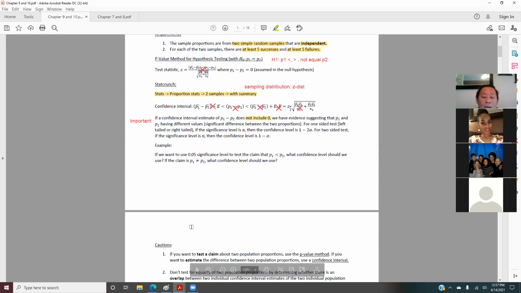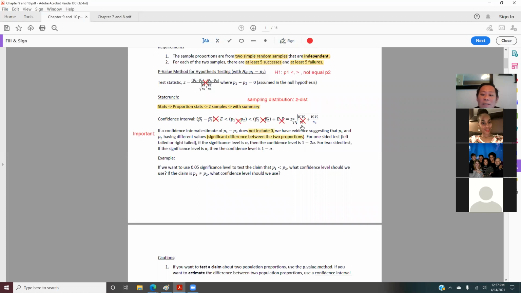If it does not include 0, we are suggesting there is a significant difference between the two proportions. If it does not include 0, that is a significant difference. What happens if it does include 0?